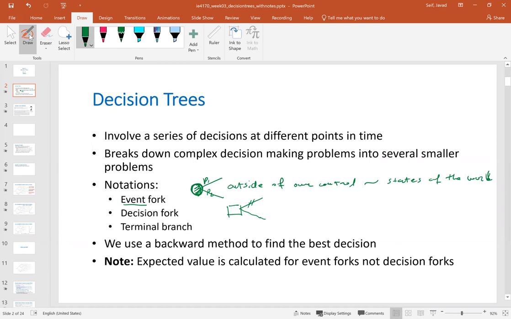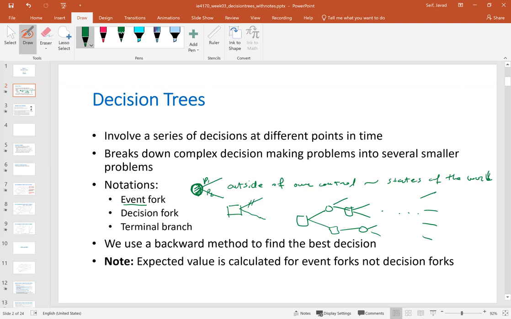And these are terminal branches, the ones at the end. Let's say my decision tree starts like that and it keeps growing, right? At the end, you have some branches that don't have anything following them. Those are called terminal branches.